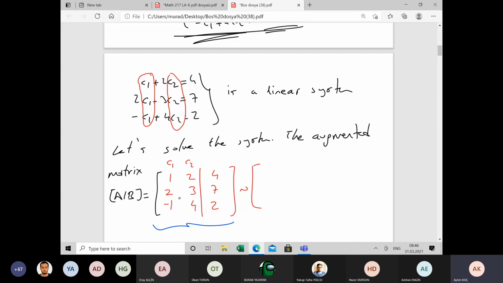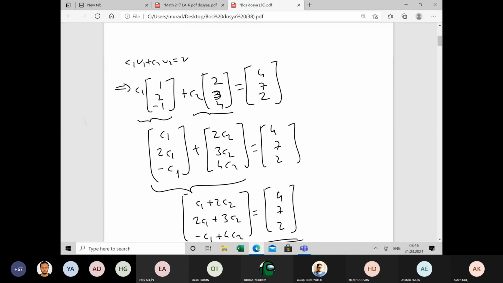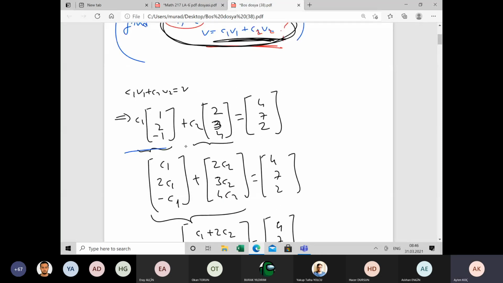What's the first column? The coefficient of C1. Let's come back here. The coefficient of C1 is this vector V1. The coefficient of C2 is V2.